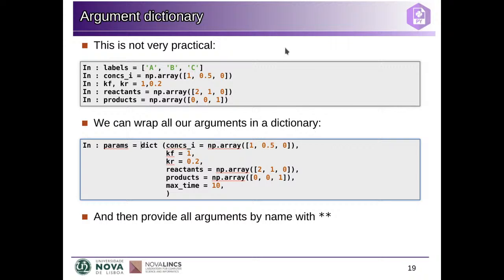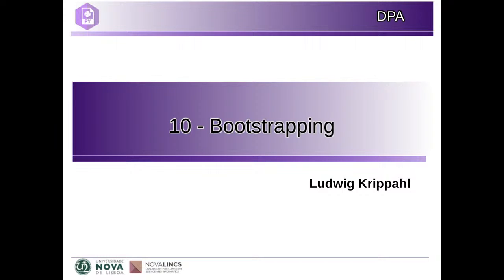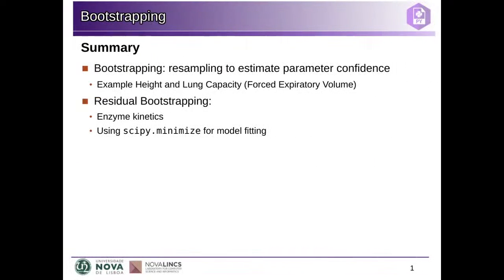Okay, so having this clarified, let's go to bootstrapping. And the idea here is that bootstrapping is a method to resample our data in order to extract some statistics. For example, in this example I'm going to give, we estimate the confidence intervals for parameters.